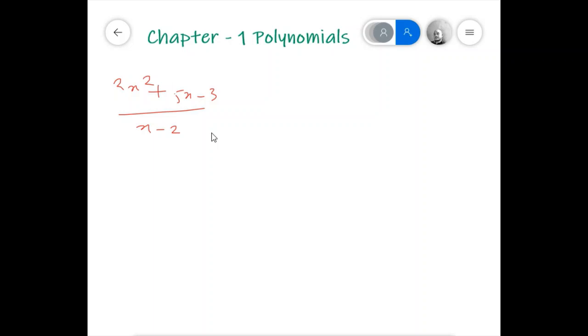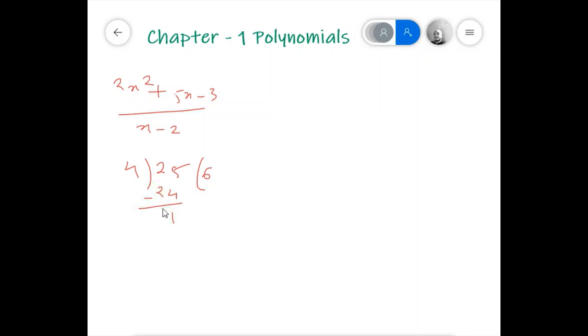In algebra you know the meaning of division. Suppose I want to divide 25 by 4. Here 25 is called the dividend and 4 is called the divisor. When I divide, 4 sixes are 24, so what is remaining is 1.